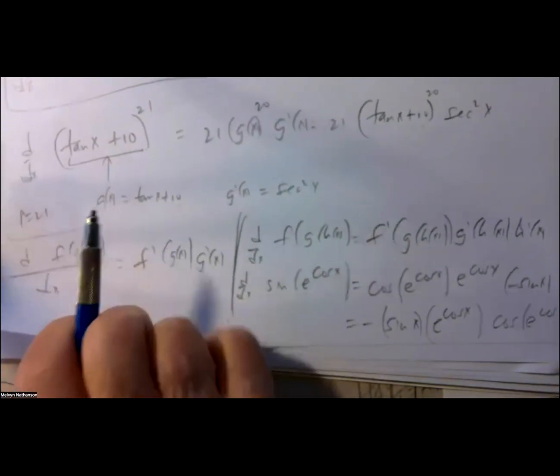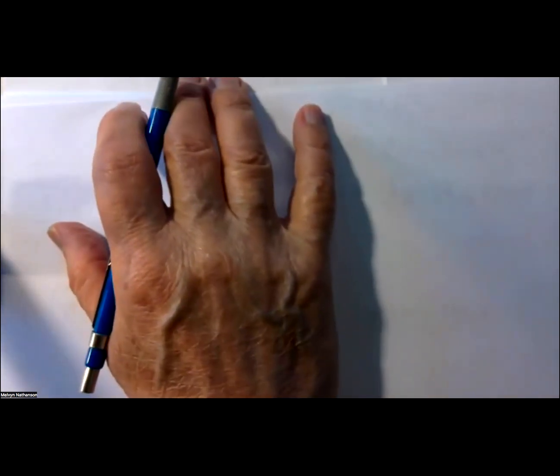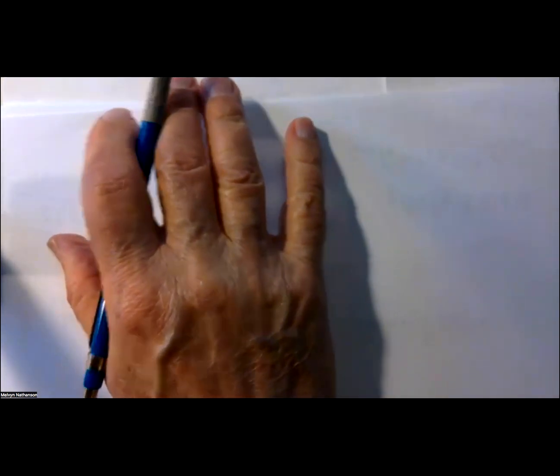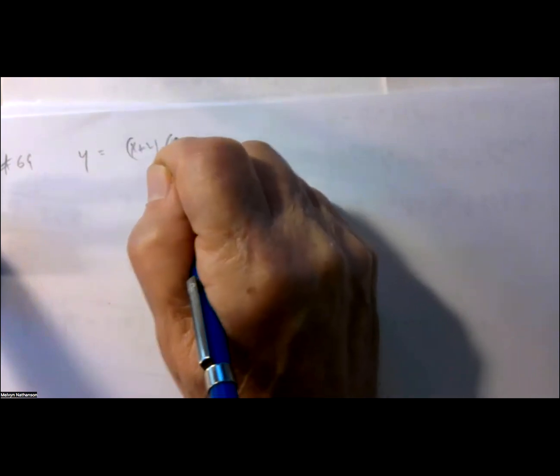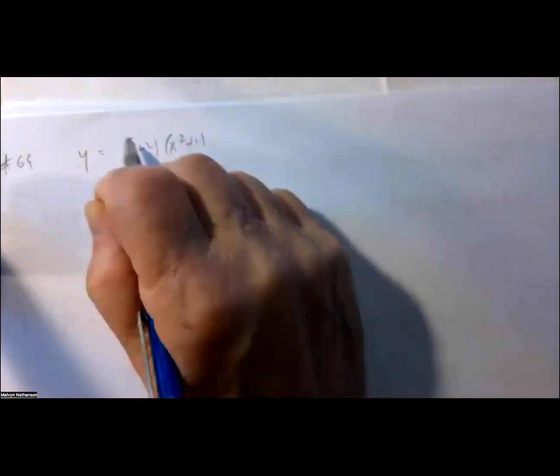Any questions about this? I mean, a large part of the midterm will be a list of functions for you to differentiate. So you need to know how to do it. So if you look at some of the exercises in the text at the end of the section, number 69, we have the function which is x plus 2, x squared plus 1, that product raised to the fourth power.